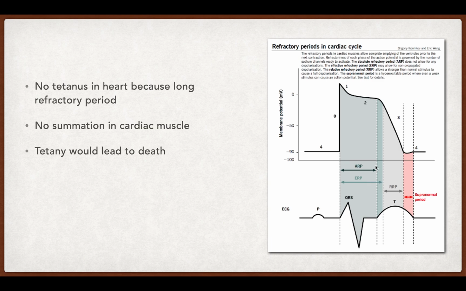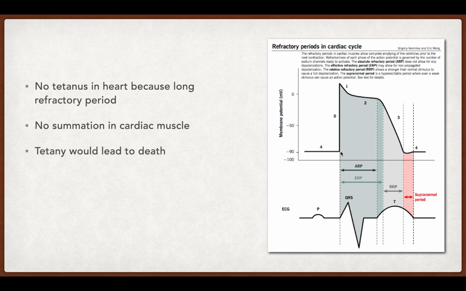So what's interesting about how all of this plays out in the contraction cycle is that this is all dependent on concentration of ions. There is no neuronal input besides some minor caveats like vagus nerve stimulation during a fight or flight situation, but in general this is all dependent on just gradients and concentration.